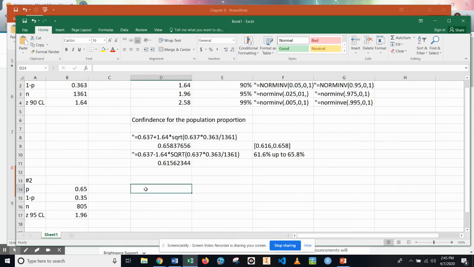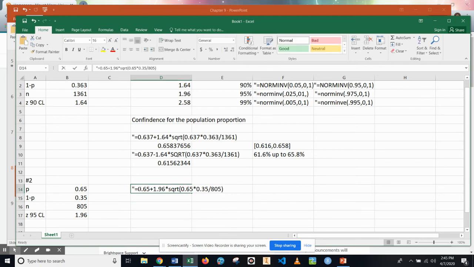So now I can put things together. I start with my point estimate, put in my z-score times my square root of p times 1 minus p divided by n.